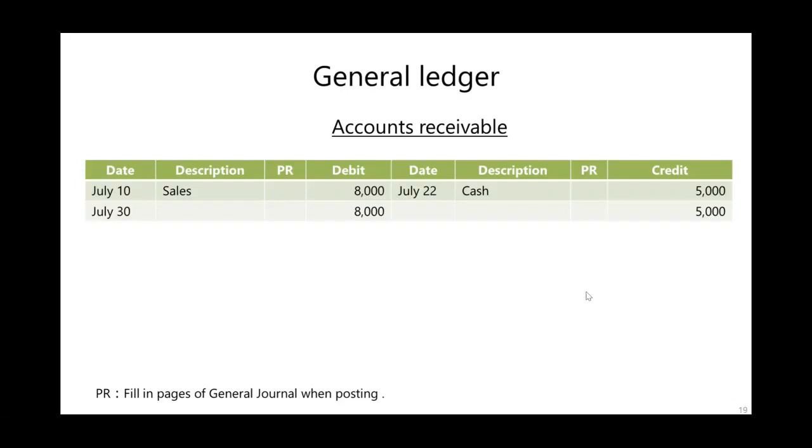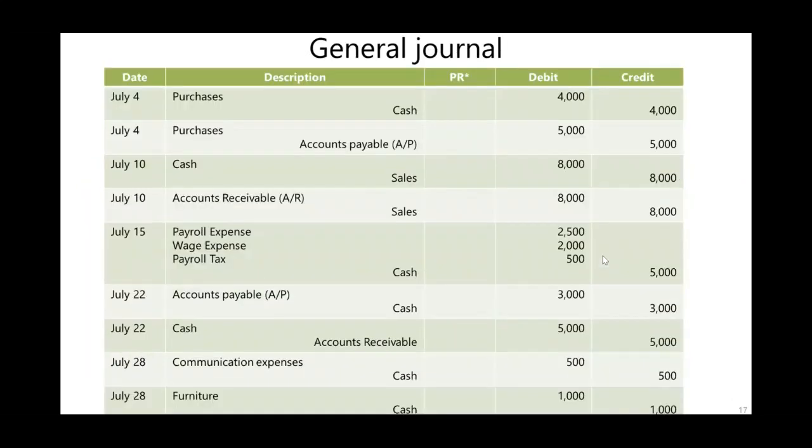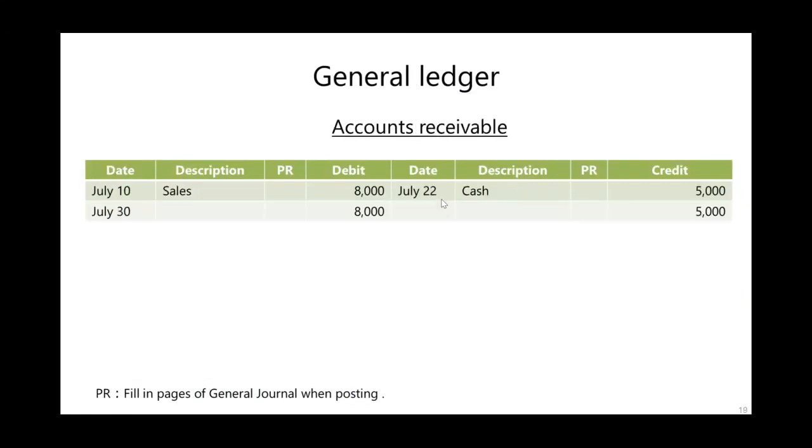So sales was recorded and accounts receivable was increased, 8,000. Let's look at the general journal of July 10th. This is the transaction. So you are now posting it to the general ledger of the accounts receivable.